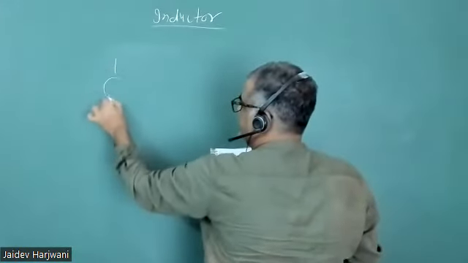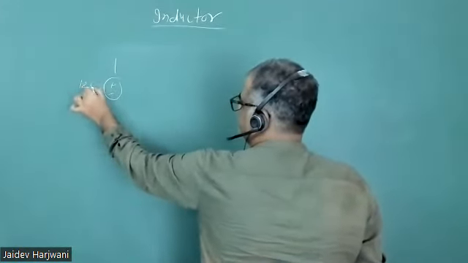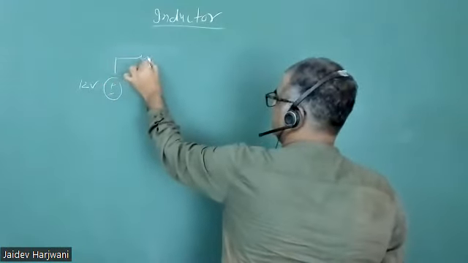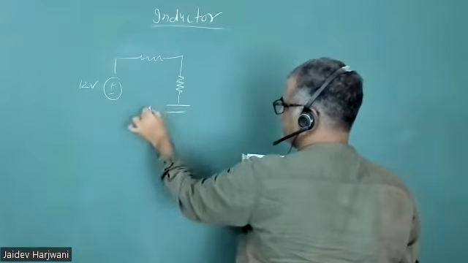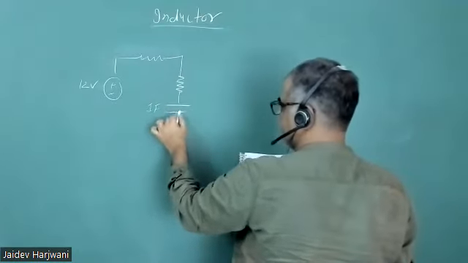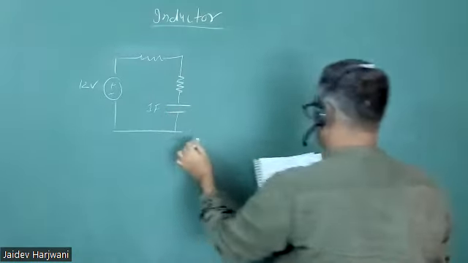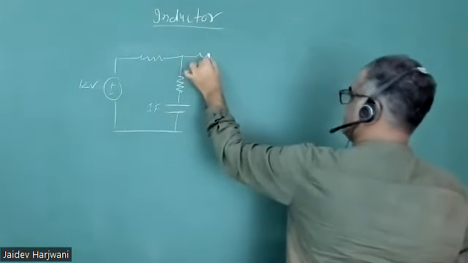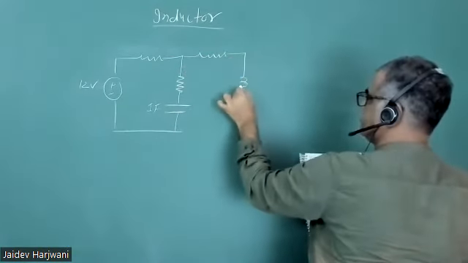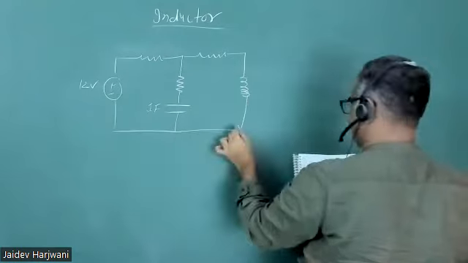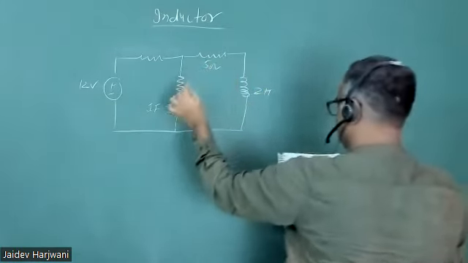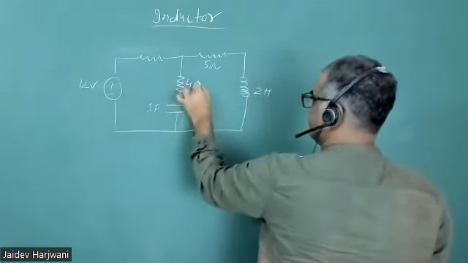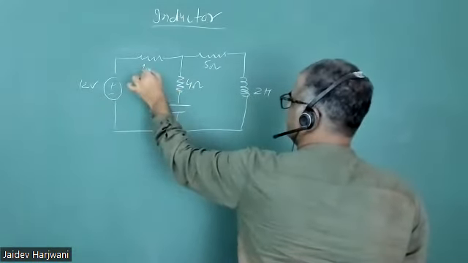Now you have been given a DC circuit. Okay. So all these are what I'm doing. We are solving only DC circuits, not AC circuits. 1 farad, this is 2 Henry, 5 ohm, 4 ohm, 1 ohm.